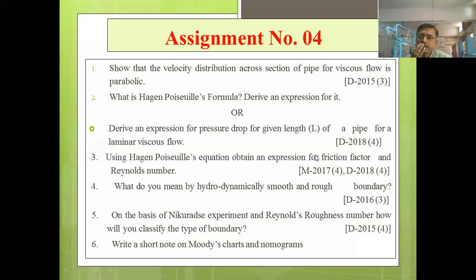This question was asked 2 times, in May 2017 for 4 marks and December 2018 for 4 marks.